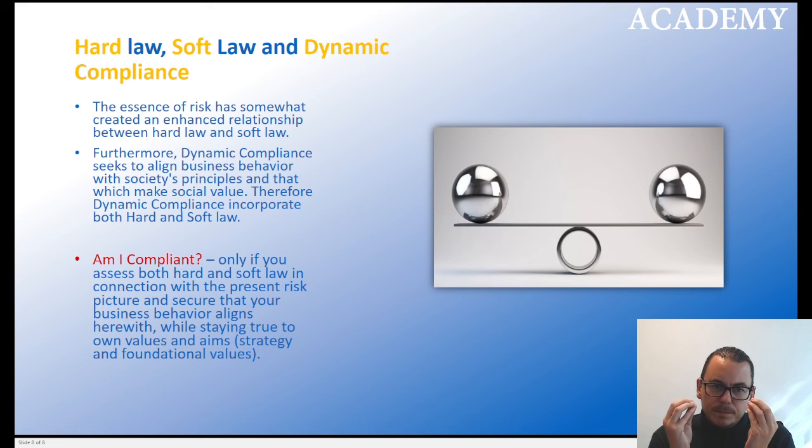And because dynamic compliance seeks to align business behavior internally and externally with society's principles and expectations, the value of soft law and the knowledge of soft law when you need to determine your compliance commitment has increased. Of course, you always have to address hard law because that is a requirement.